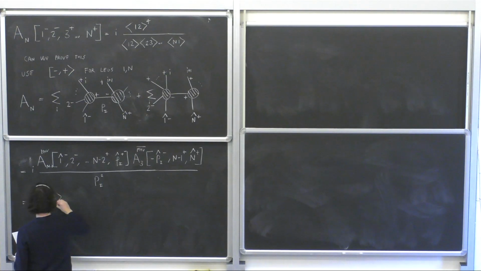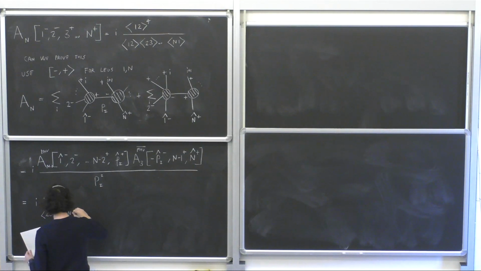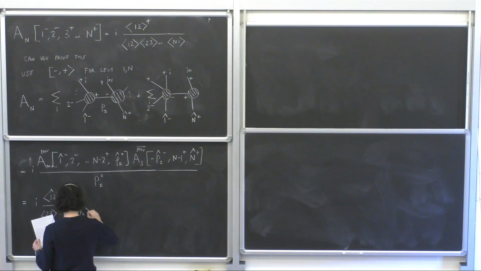I will, of course, use the result at 3 points, which is already known. And here I attempt to be careful, and I will hat everything which is shifted, which makes it easier for you to understand where the complex variable is hiding.